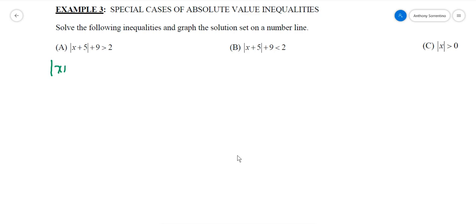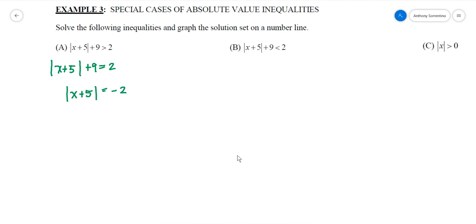Absolute value of x plus 5 plus 9 equals 2. And I go through the solution process. I get rid of that plus 9 first, and that equals a negative 2. There is no way for the x plus 5 absolute value to equal a negative 2.